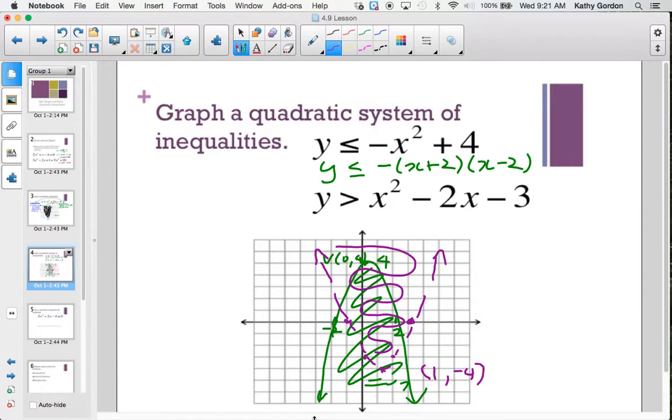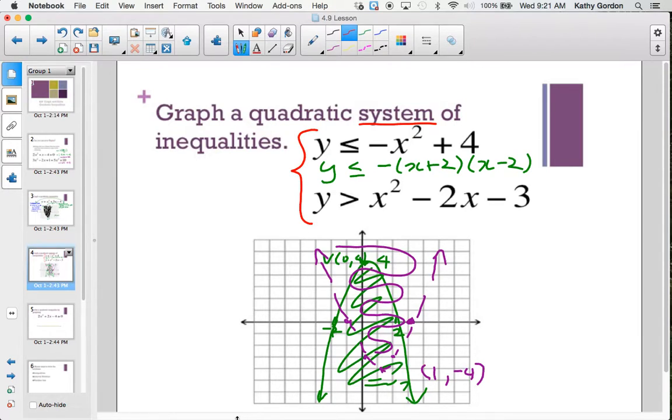Okay, so when we graph each inequality individually, we get the green one or we get the purple one. But these are not just individual inequalities now. This is a system of inequalities, and so we have to think of this together.